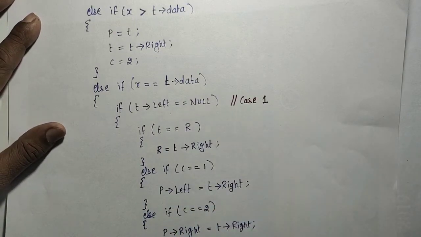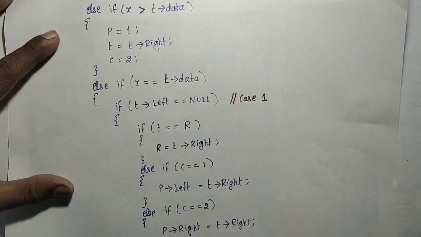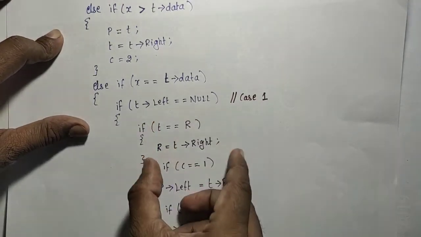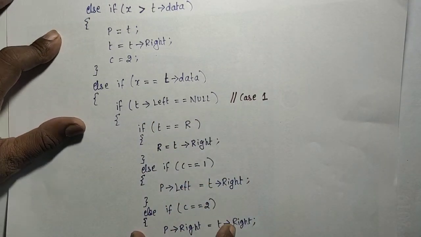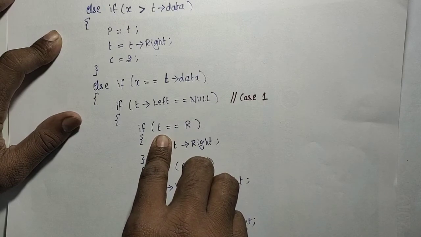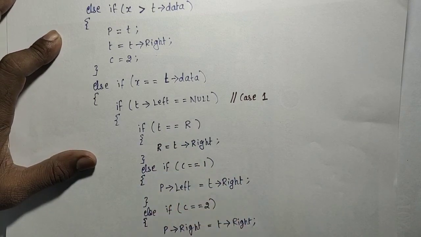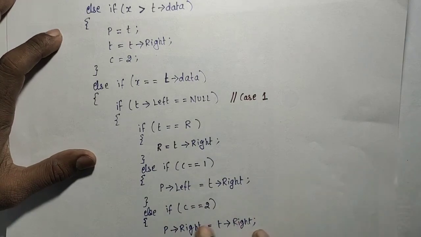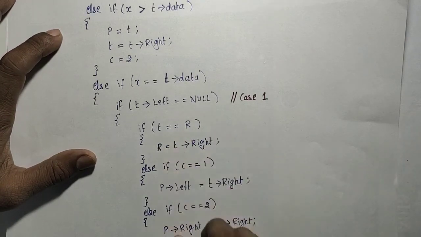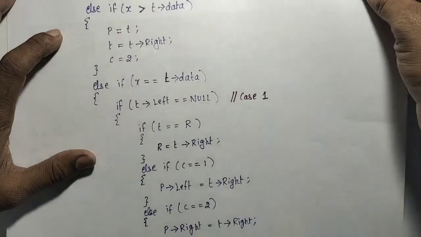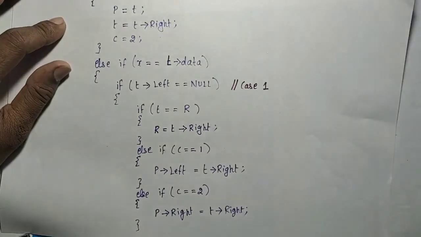So the right subtree it may have or may not. Okay, and in that case 1 we have discussed 3 subcases. Whether the T is a root or the T is a left of the parent or the T is a right of the parent. Based on that we have to do that action.